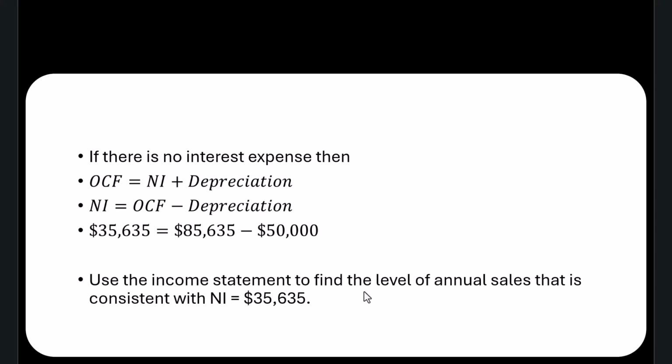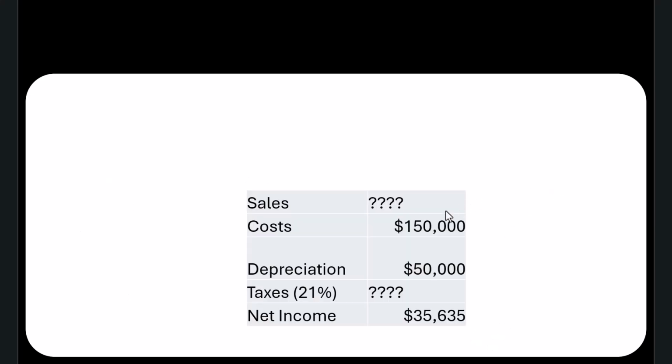So we want to find the level of annual sales that's consistent with net income of 35,635. The income statement looks like this. We have sales minus costs minus depreciation minus taxes minus net income. So we need to figure out sales and taxes.